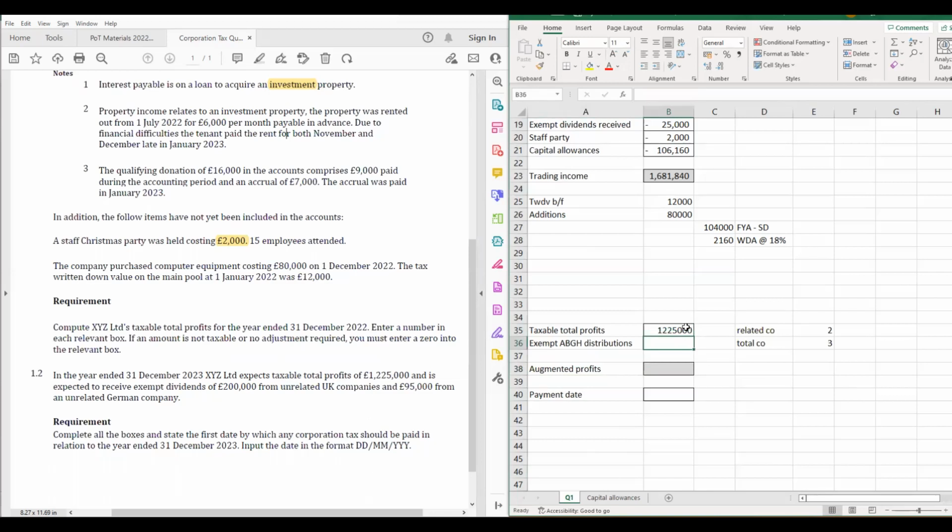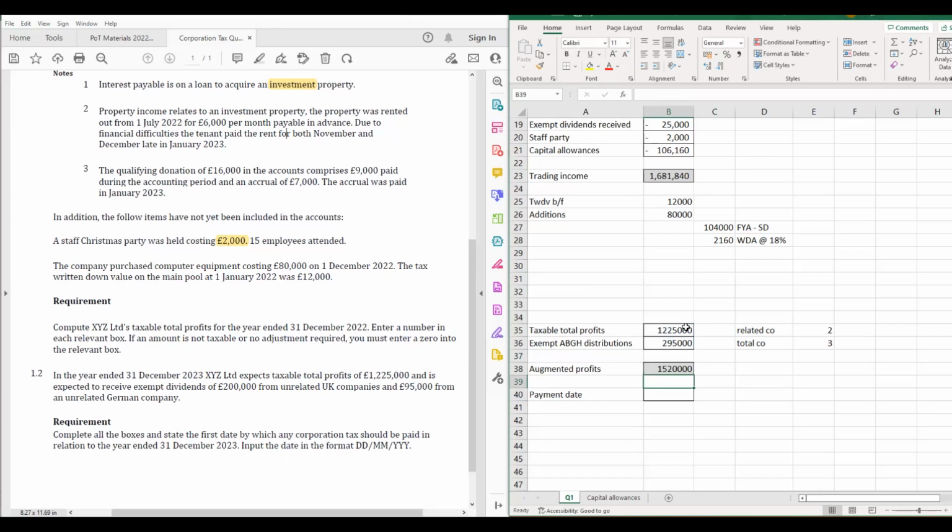We're also expected to receive exempt dividends of 200,000 from unrelated UK companies and 95,000 from an unrelated German company. So in arriving at our augmented profits, we just need to add those 2 numbers, so essentially 295. It doesn't really matter that it's from a German company. So the total augmented profits are therefore going to be 1.52 million in this question.